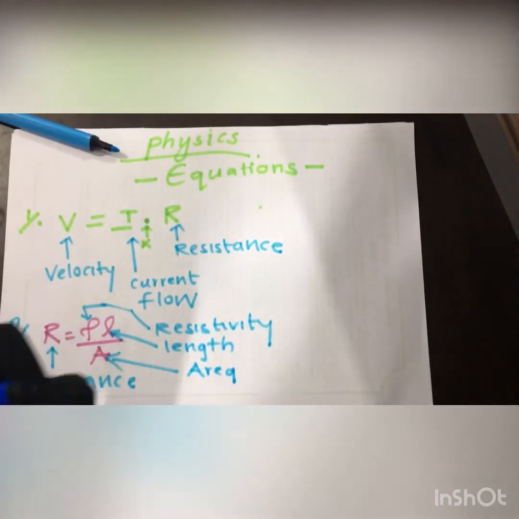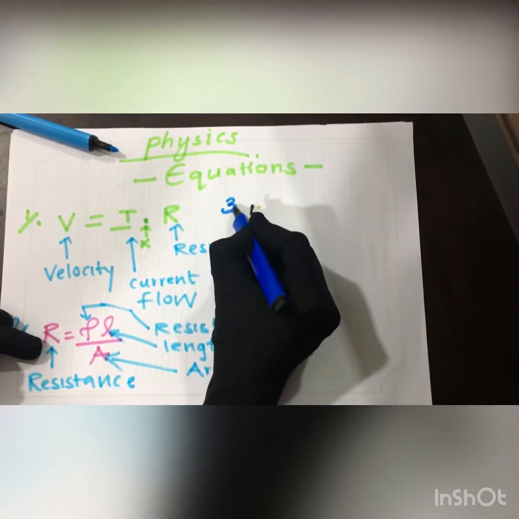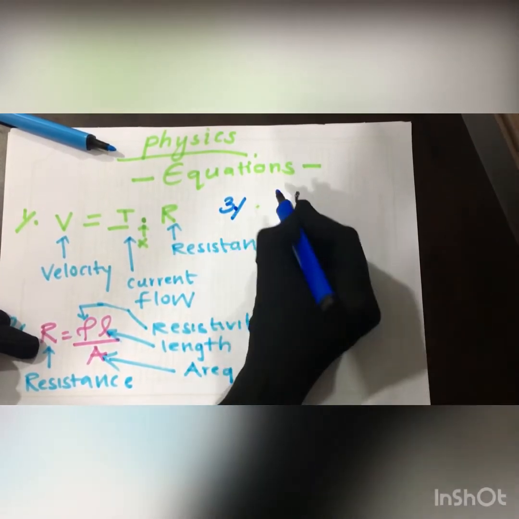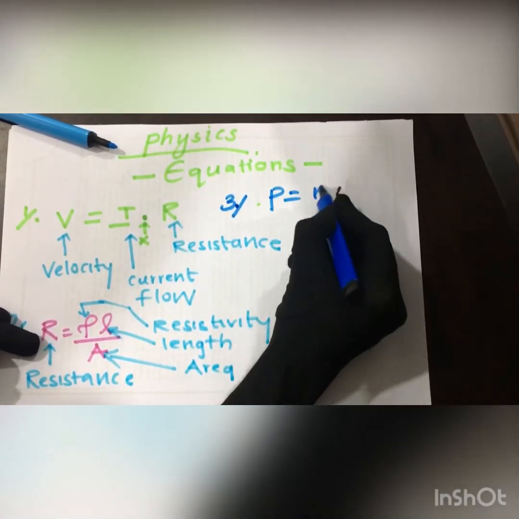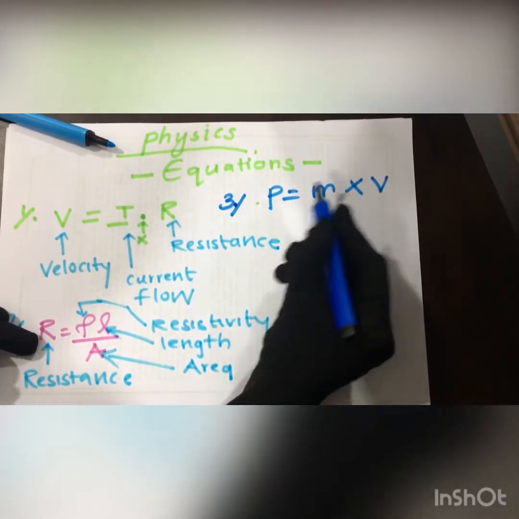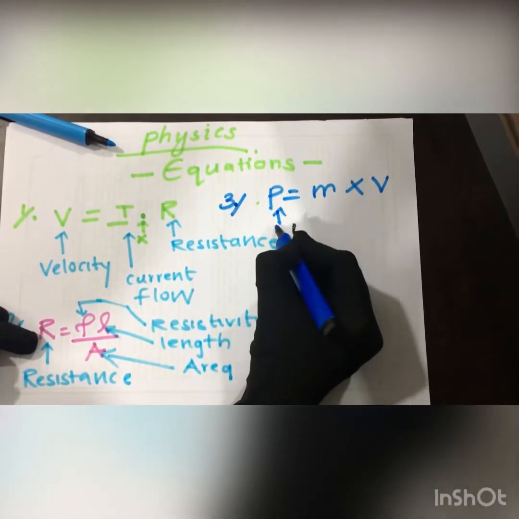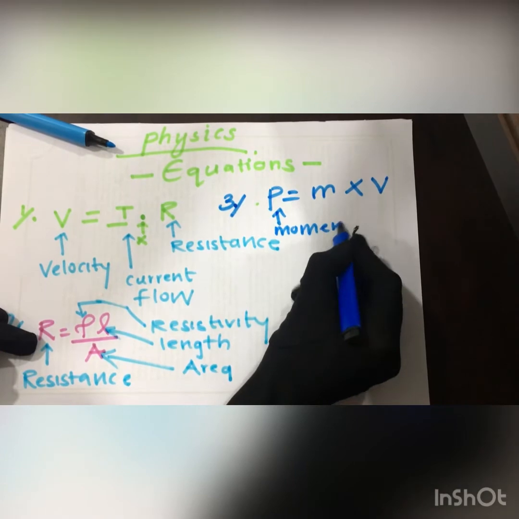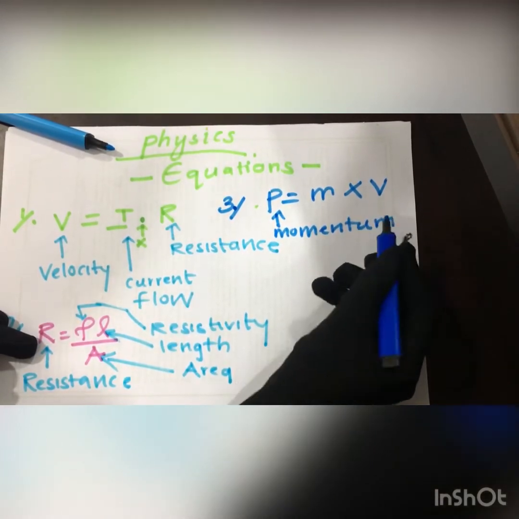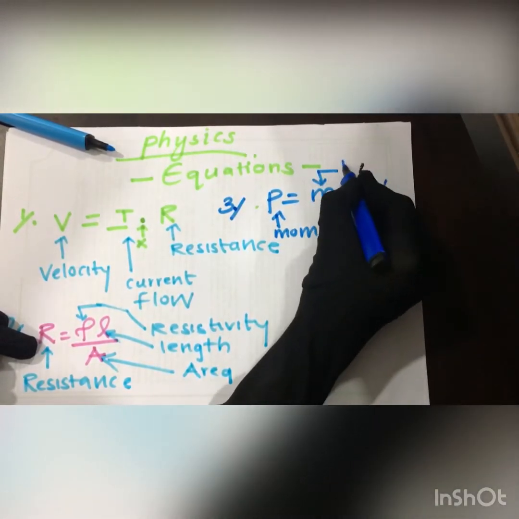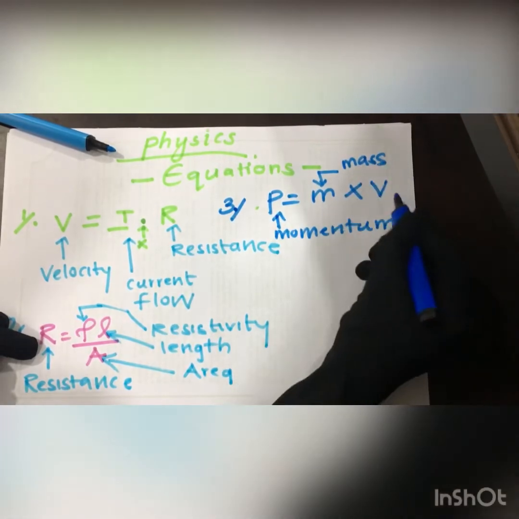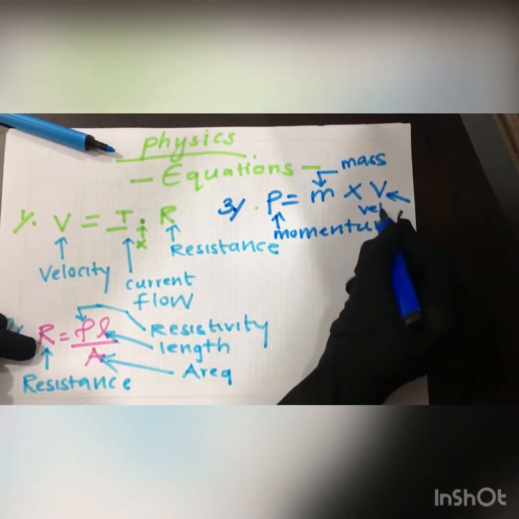Number 3, the third equation, is P equals M into V. P is the momentum, M is the mass, V is the velocity.